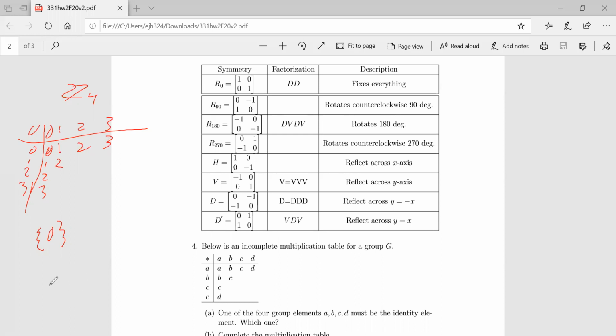Exactly. Because 1 to the 1 gives me 1, 1 to the 2 gives me 2, 1 to the 3 gives me 3, and 1 to the 4 gives me the identity 0. 3 also works because 3 to the 1 is equal to 3, 3 to the 2 is equal to 2, 3 to the 3 is equal to 1, and 3 to the 4 is equal to 0.